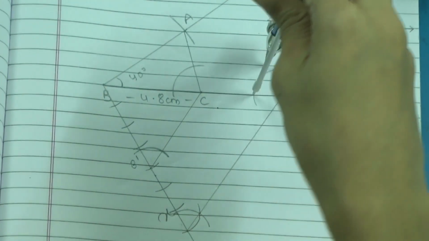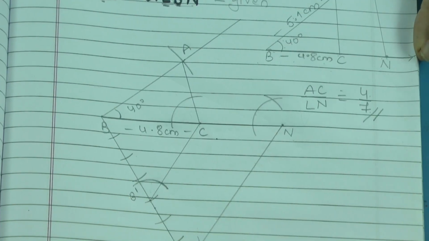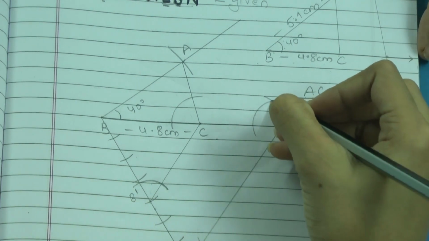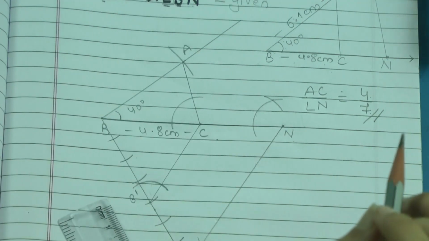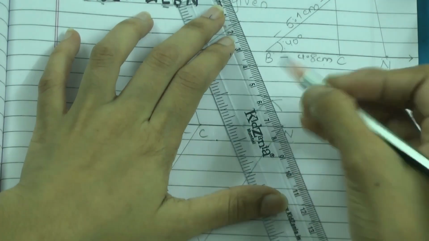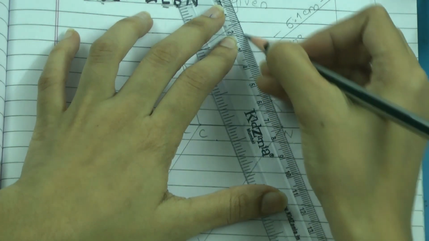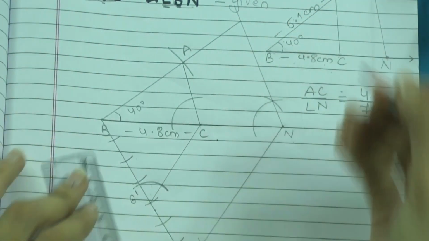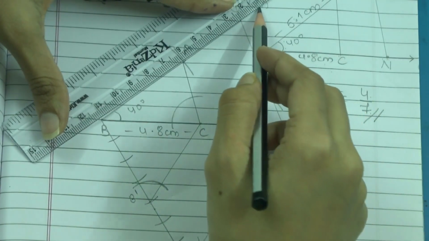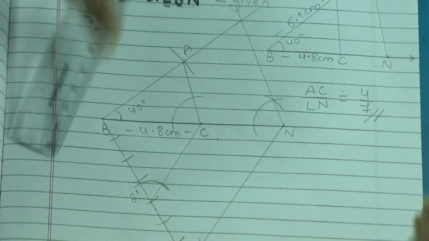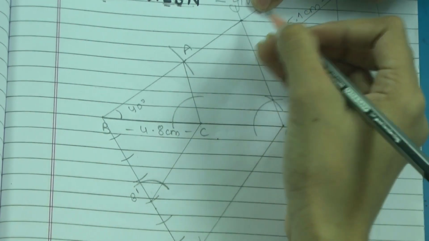Give an arc. And join the point X and the intersecting arcs. Locate the point at the intersecting arc. Keep the scale. Extend the line. Join it. And the point where the line is intersecting, this point is the N point.